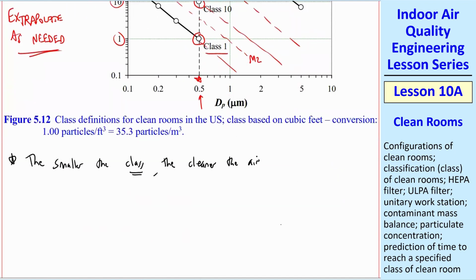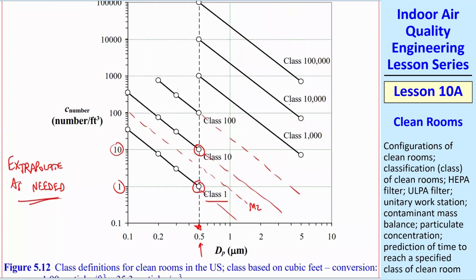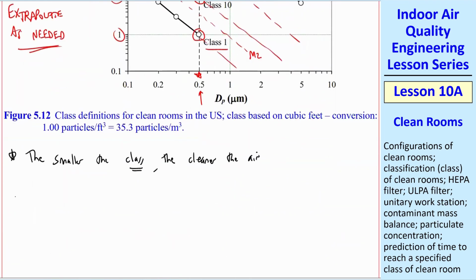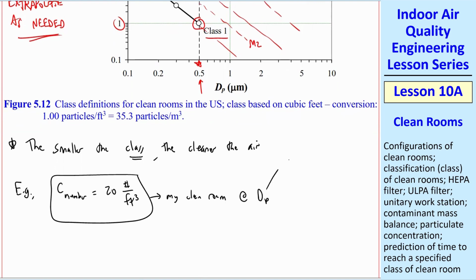How to use this plot, it's really the same as the table, but sometimes you have to extrapolate. I'll just do a quick example. Suppose I have C number equal to 20 particles per cubic foot, and that's the best that I can do in my clean room. dP, by the way, is particle diameter. So we're talking about, say, particles that are greater than or equal to 2.0 microns. And so what class is this clean room?